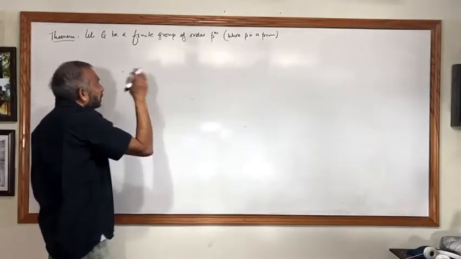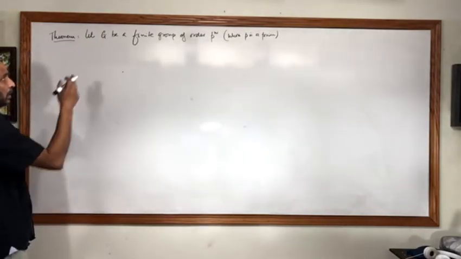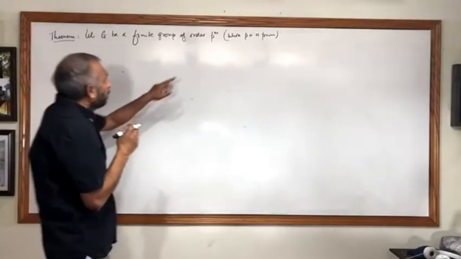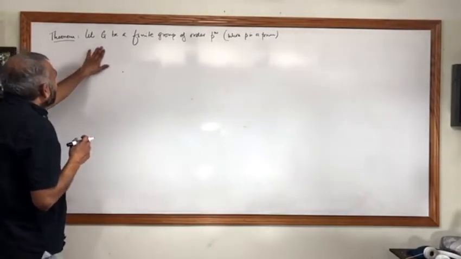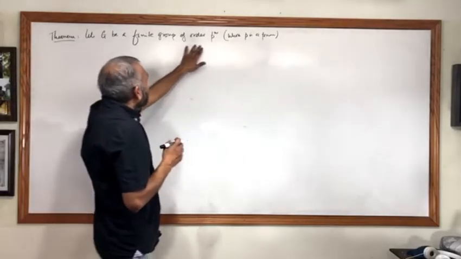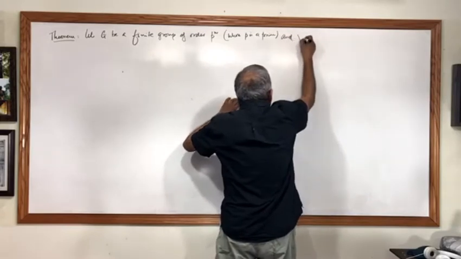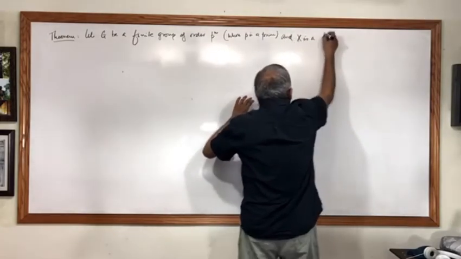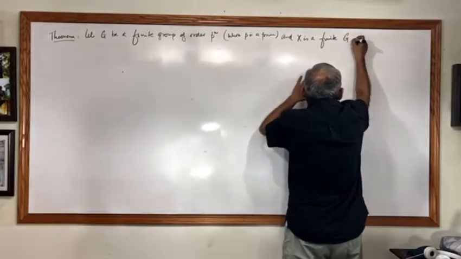So in the rest of the section, we are going to use the letter p for a prime number. So G is a finite group of order p to the power of n, and X is a finite G-set.